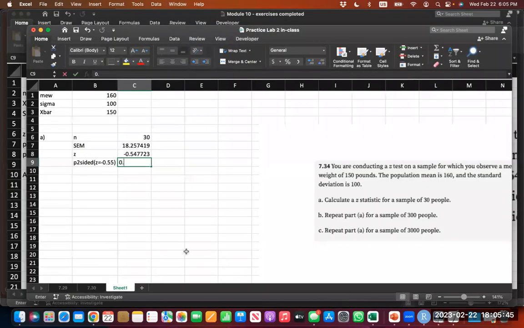So that's now 0.2912 multiplied by 2, right?